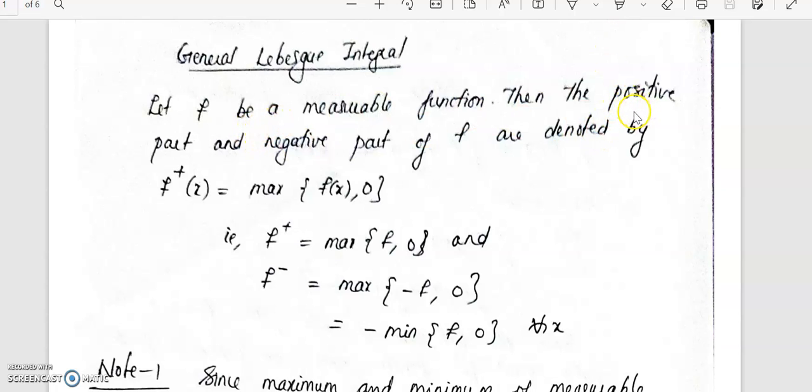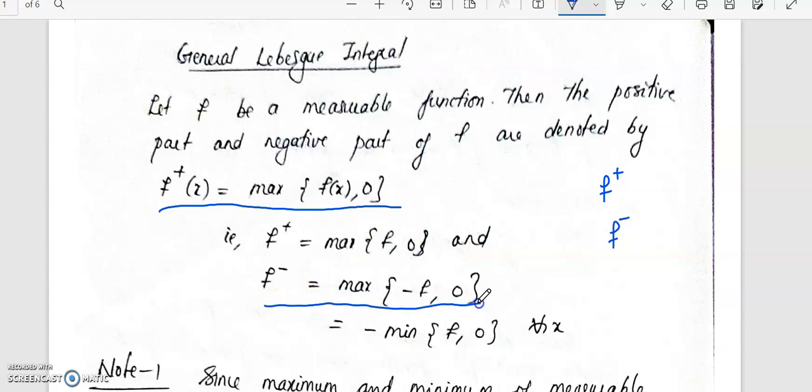The positive part is denoted by f plus, and the negative part is denoted as f minus. f plus is defined as the maximum of f(x) and 0, and f minus is defined as the maximum of minus f and 0, which is the same as minus the minimum of f and 0.